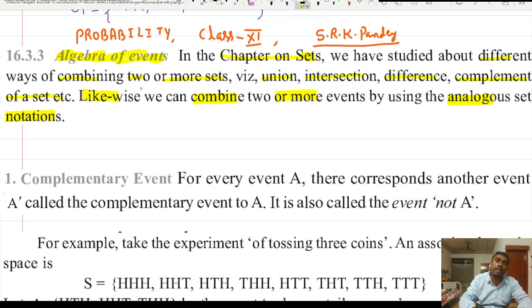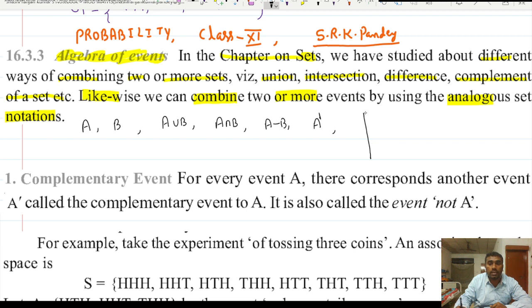Let us suppose we have a set A, and another set B. We have two different events. If we want to find A union B of events, we can do that. We can find A intersection B. We can find A minus B. We can write not A, that is the complement of event A, right? So all these things we can do here.